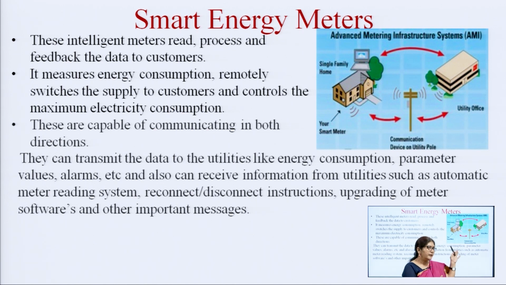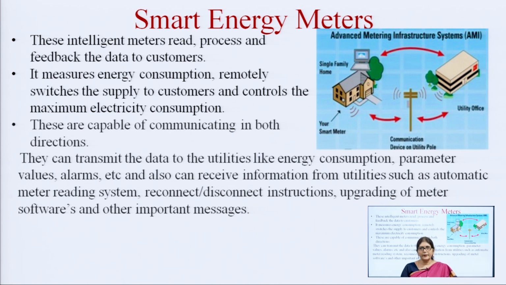So, these are the intelligent meters that can process and feed back the data to the customer. These smart meters measure the energy consumption remotely, switch the supply to the customer and control the maximum electricity consumption, and they are capable of communicating at both ends with the utility office.